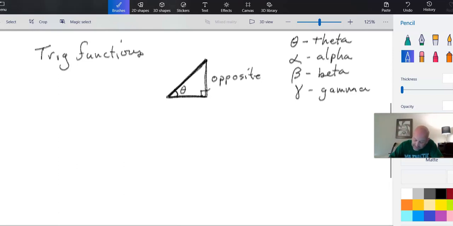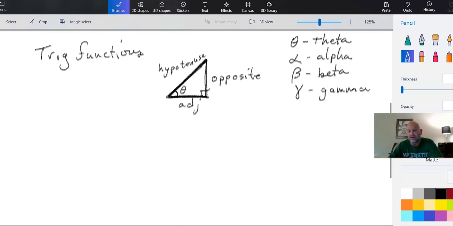It's a right triangle. That's the hypotenuse. And then this side here is the other side. Now, the hypotenuse is adjacent to the angle. The other side that is touching the angle is called the adjacent side, right? So there are two sides that are adjacent to an angle. One is the hypotenuse. The other side we just call the adjacent side.